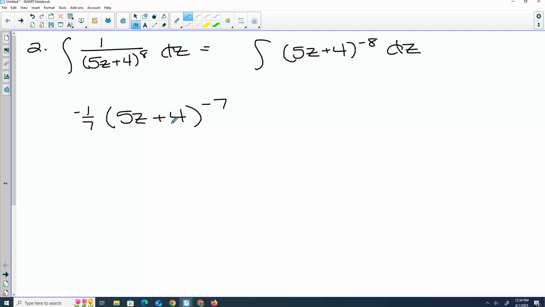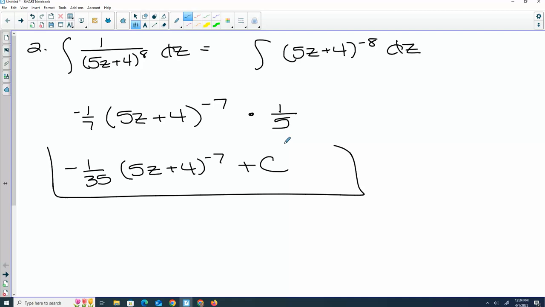Exponent comes down, inside stays the same, subtract 1 from the power, times derivative of the inside. What's the derivative of the inside? 5. So if I am going to cancel that, I have to multiply by 1/5. So that gives me a negative 1/35 times 5z plus 4 to the negative 7. And what else do I need? Plus C. Alright, and you can check it by doing the derivative.